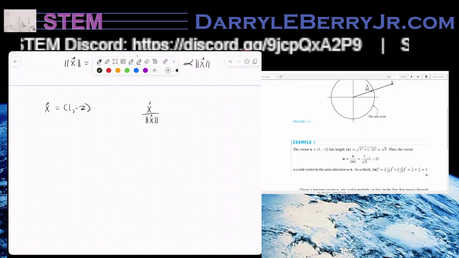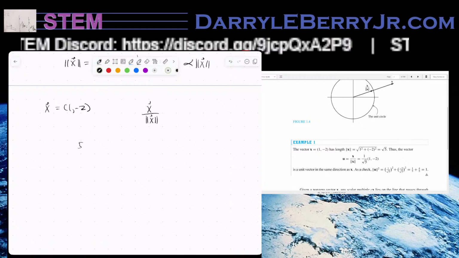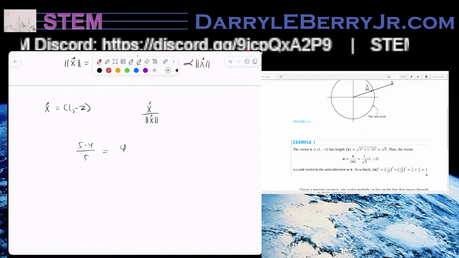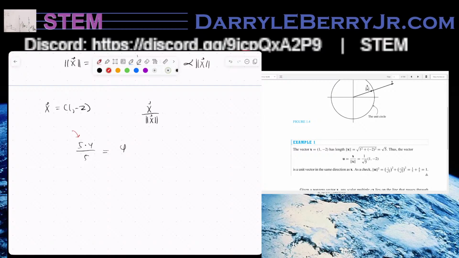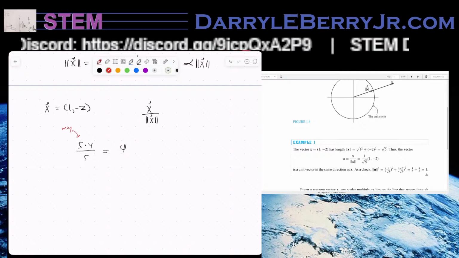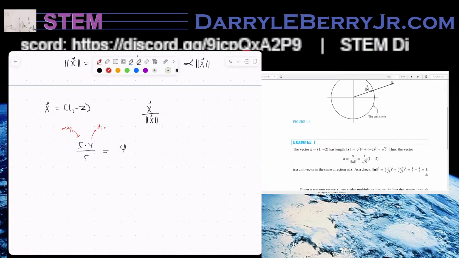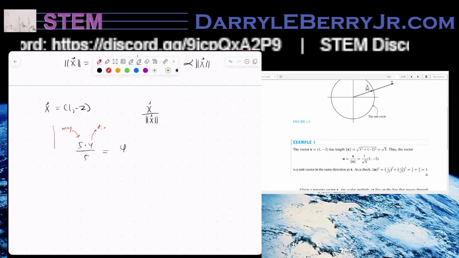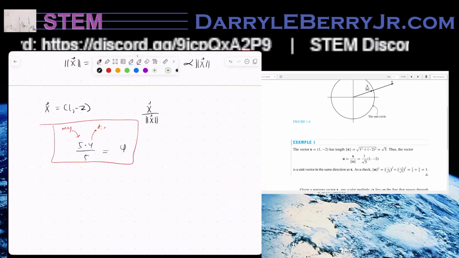So sort of like if you have 5 times 4 divided by 5, you're just left with 4. So you can say 5 is like the magnitude, and 4 is like the direction. So by dividing by the magnitude, you're left with only the direction, as a sort of analogy.